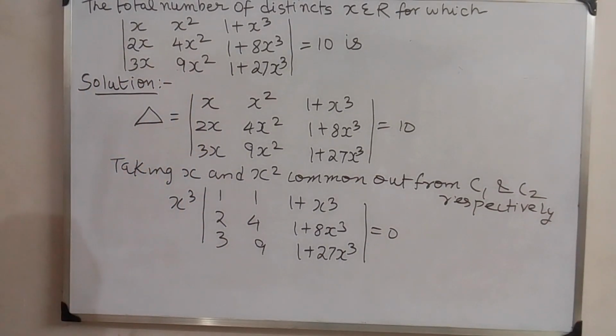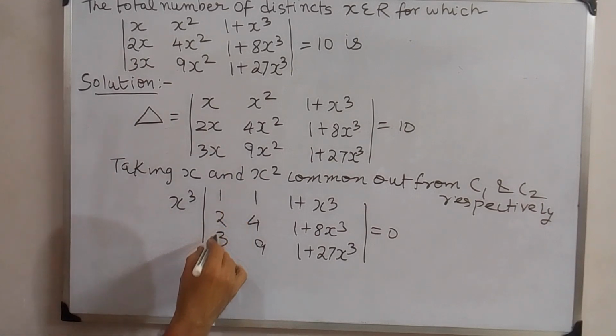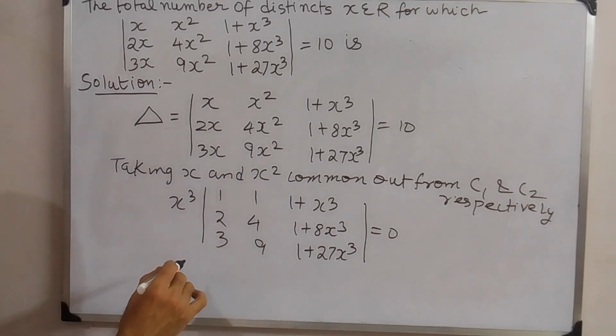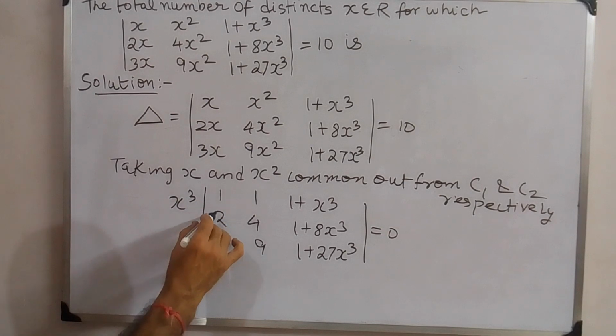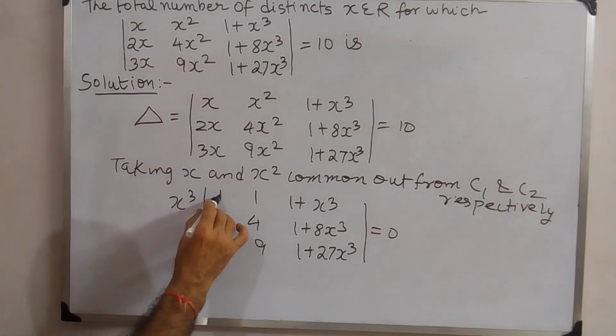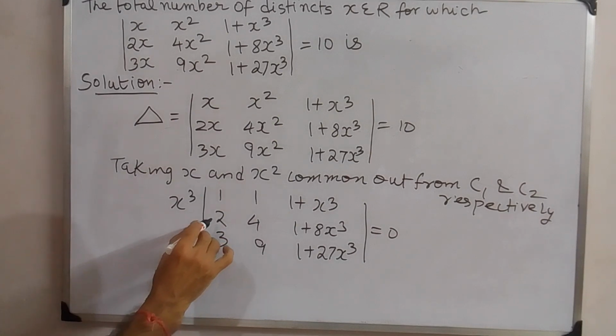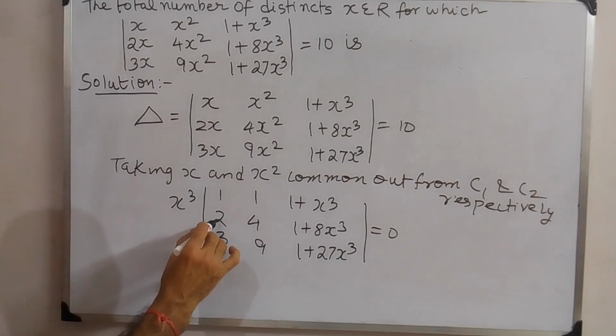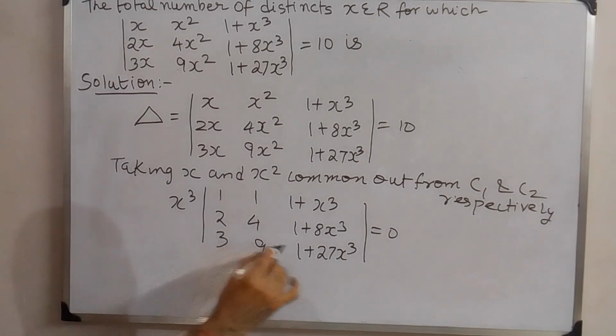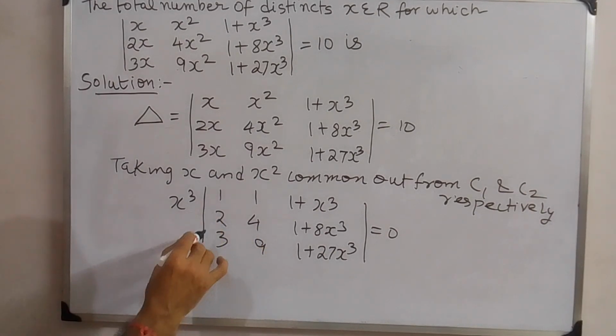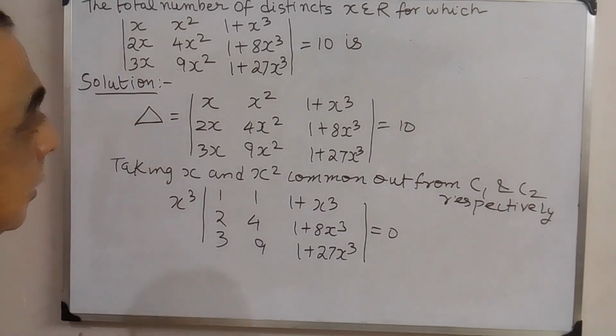Now what we will do, we will keep 1 as the first element of the first column, and make the other two elements of the first column, that is the first element of the second row and the first element of the third row, 0 and 0.